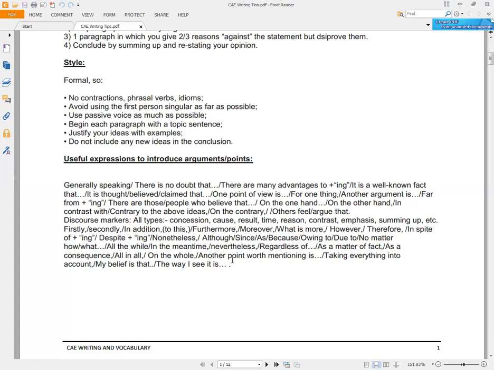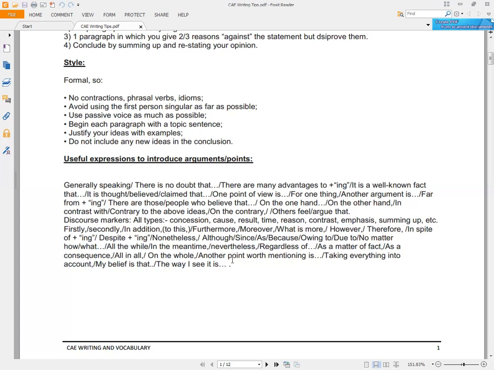When you have two points of view, you can say one point of view is, and support this point of view with opinions. For one thing, another argument is, far from using social media. There are those people who believe that, on the one hand, on the other hand, and so on.